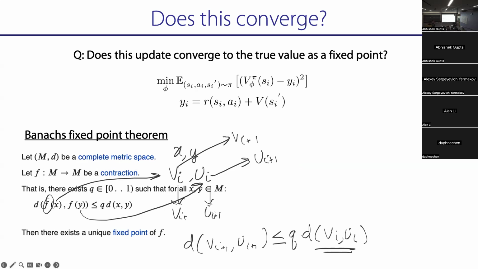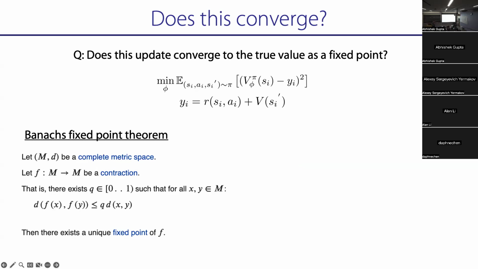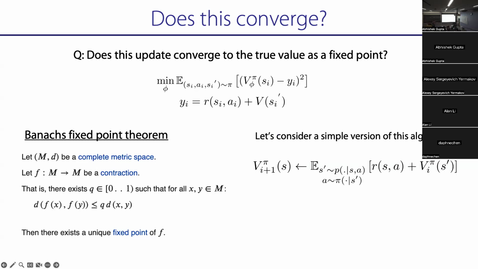We're not going to go over the proof of this, but we're going to use it to prove that our value function is convergent. Sorry, this is a little bit confusing, but what we're going to do is consider a tabular version of this update. We're going to say that we had some v pi i, which is backed up into v pi i plus 1 this way.